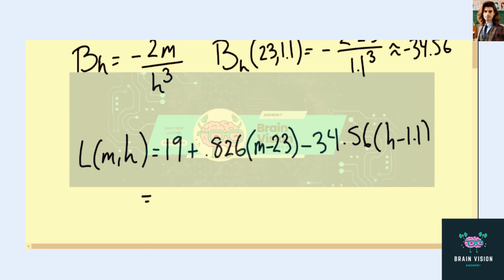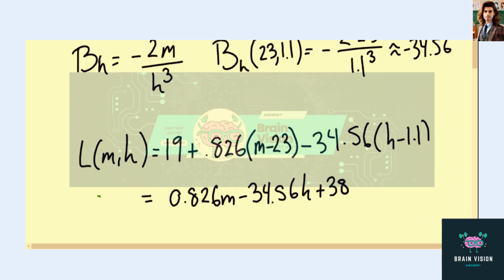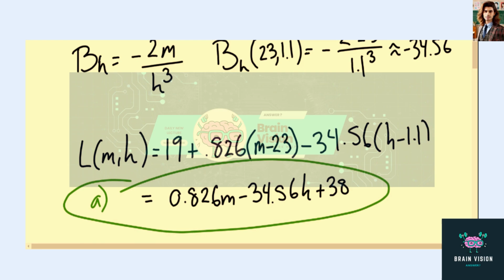We do all the multiplying and then adding and subtracting like terms, and we end up with 0.826m minus 34.56h plus 38. Okay, so this was part A, but our job is not quite done yet. We have a part B.